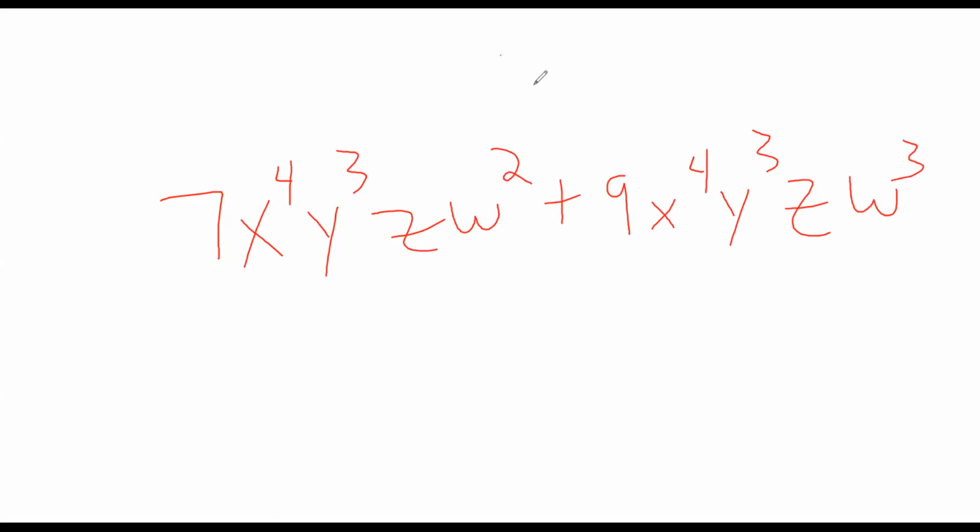Like terms or no? Nope. They have the exact same variable letters. They have an X, a Y, a Z, a W. They almost have the exact same variable setup too, but not quite. This one's W squared, this one's W cubed. These are not like terms, and they cannot be combined.